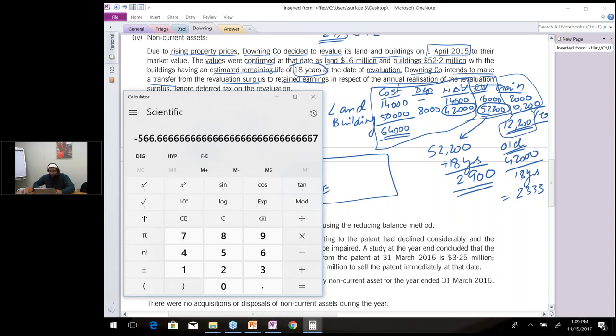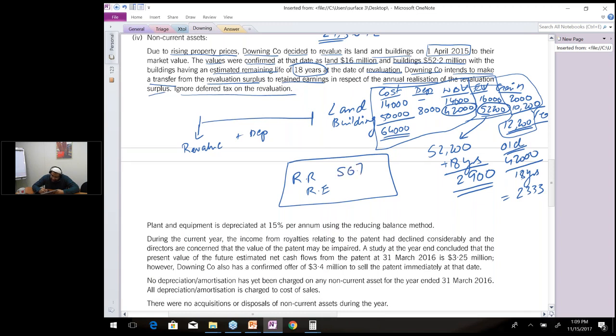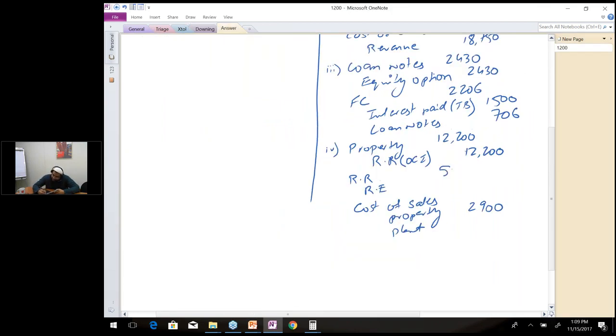Minus 2,900 will give us the transfer, which is going to be 567. So this is the amount of transfer that we are going to do. So revaluation reserve debit and retained earnings credit by 567. So this was your adjustment number 4.